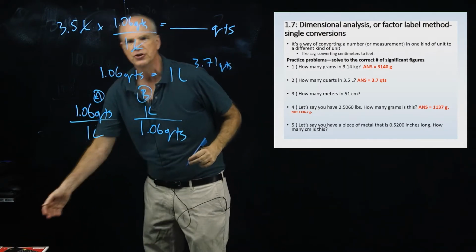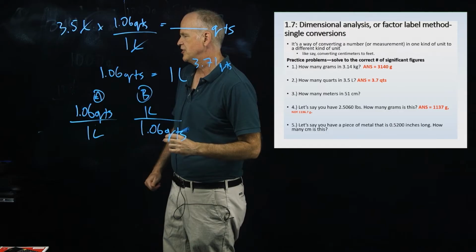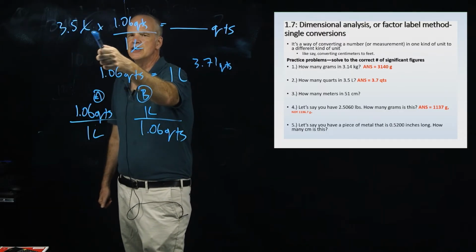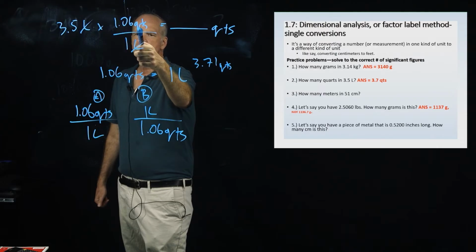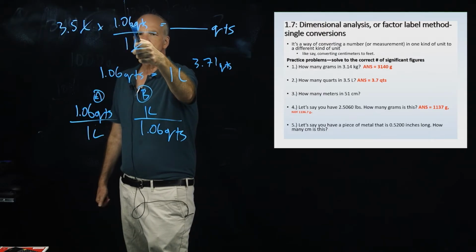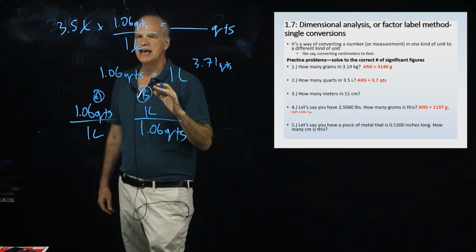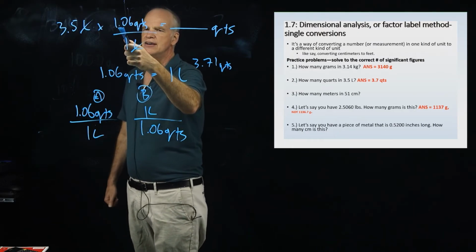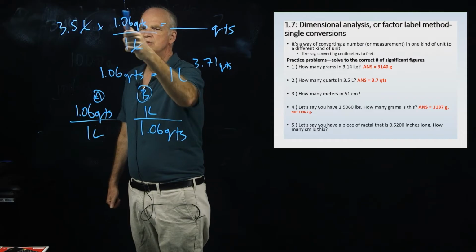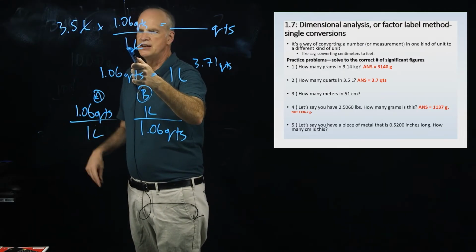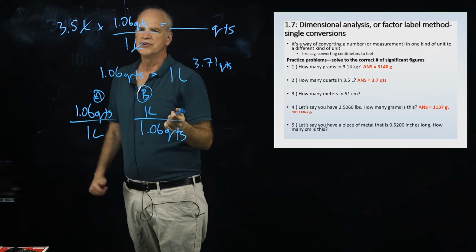We have to get this into the correct number of significant figures. So let's see how we deal with that. We have 2 significant figures here. With 1.06 quarts in 1 liter, the 1.06 quarts is not an exact number. That is an estimate, so it has 3 significant figures. The 1 here is an exact number, so it has an infinite number of significant figures.